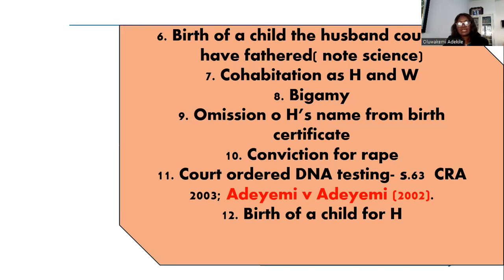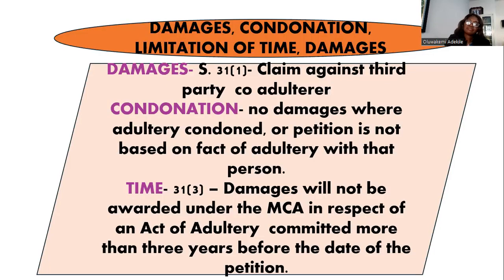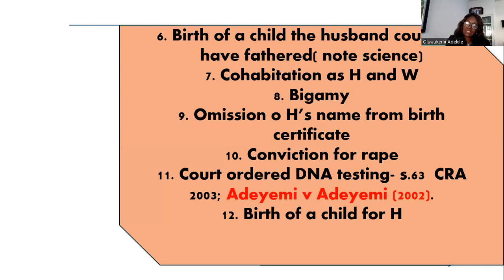If another woman were to claim to have had a child for the husband, and the husband admits it or it is established in any other way that that is the child of the husband, that is evidence of adultery. So adultery as a component of this section 15.2b that we are talking about can be proved circumstantially, since in most cases you may not have direct evidence of adultery.